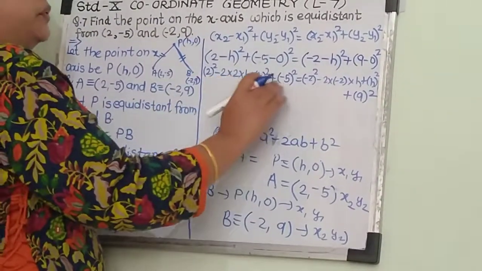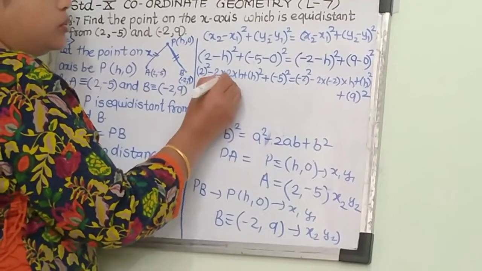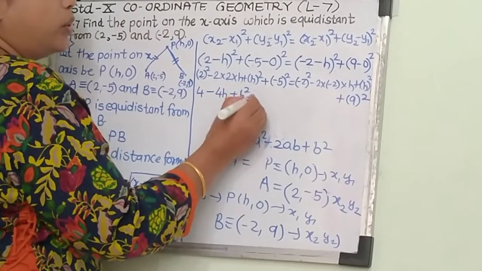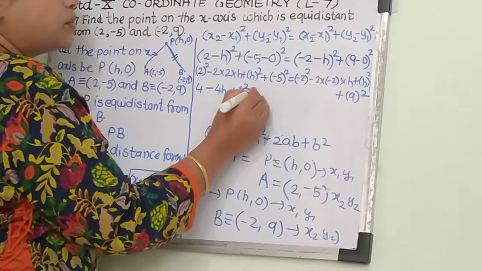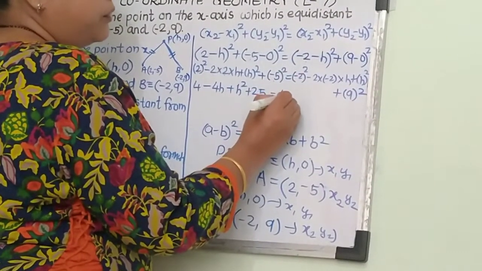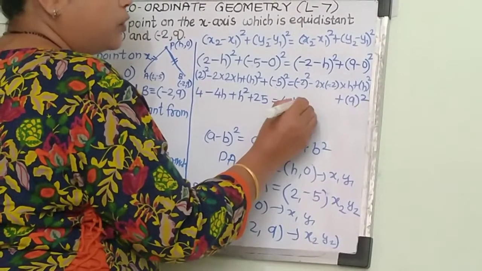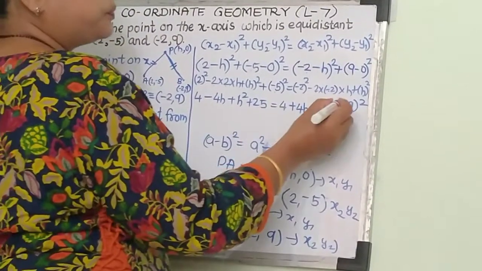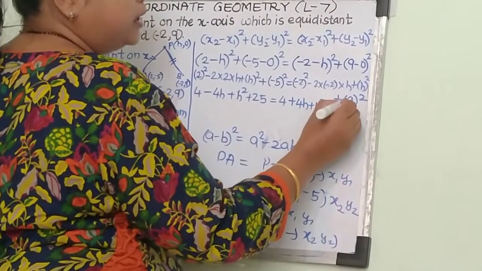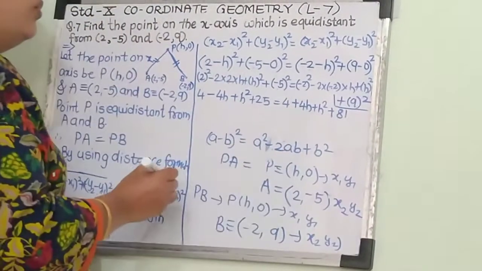Now we are going to solve this. 2 square will be 4, minus 2 2s are 4, 4h plus h square plus minus 5 square that is 25. Again here minus 2 square will be 4, minus becomes plus, 2 2s are 4, so plus 4h plus h square plus this 9 square that is 81.